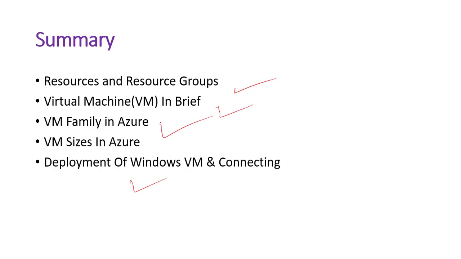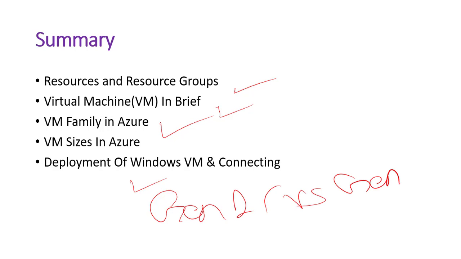And we also saw the Gen 1 versus Gen 2 VM differences. In the next tutorial we will learn further about the compute domain, how to resize the virtual machine, working with the virtual machine, and properties of the virtual machine.